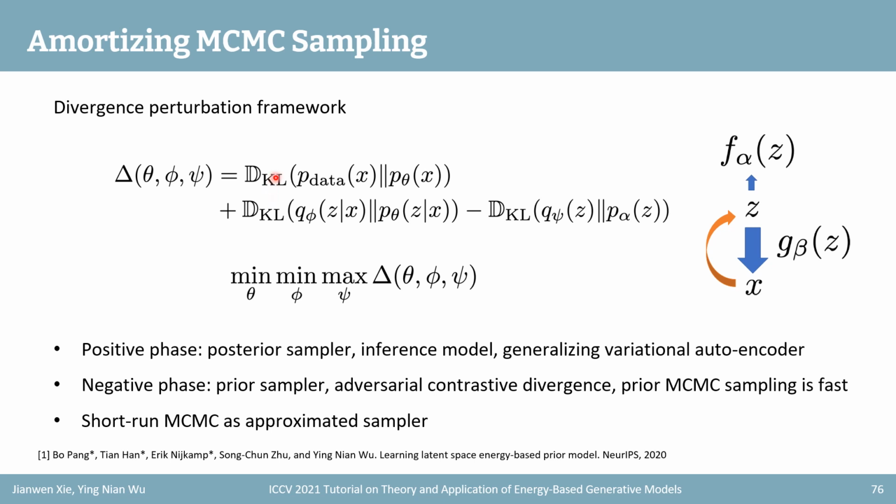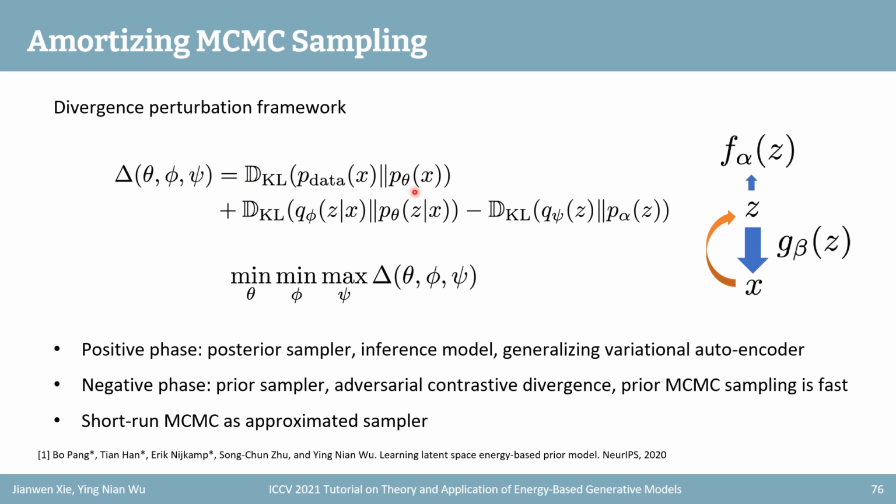You can also replace MCMC sampling from the prior distribution and the posterior distribution by learned approximate samplers or learned models. And again, you can do that within this divergence perturbation framework or divergence triangle framework.